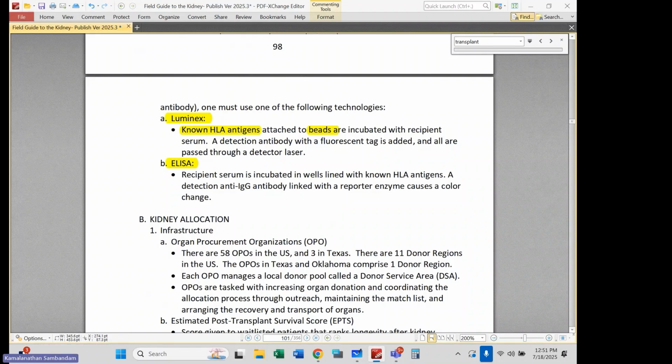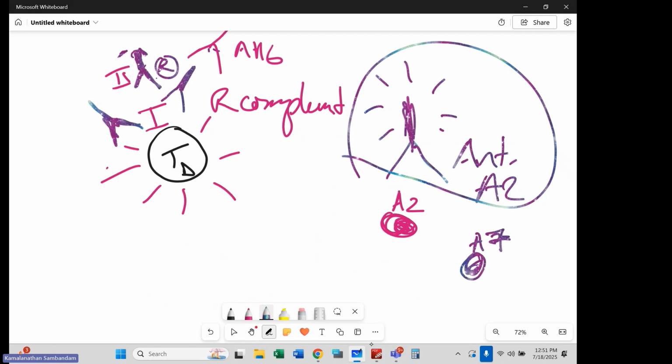What do we measure at the bedside when you're checking for donor specific antibody? What you're really asking for is a Luminex study looking for all of the alloantibodies that the recipient may be producing.